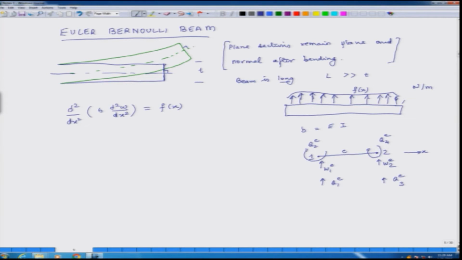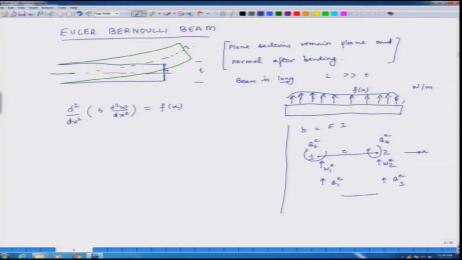So, Q1 and Q3 represent shear forces, and Q2 and Q4 represent moments, and these moments are positive if they are clockwise, and negative if they are anti-clockwise. So, W is the deflection of the beam, positive if it is going up and negative if it is going down, and the Q's are shear forces and moments. I will also like to mention slopes at both the ends, but we will not discuss that at this stage.